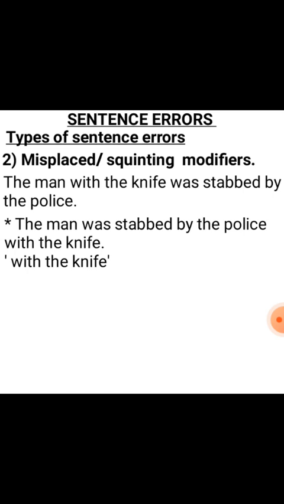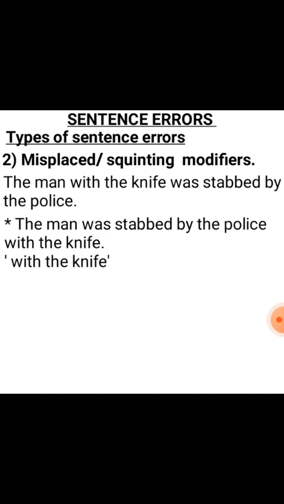So that phrase is the modifier, and it is modifying which word, which person, in this context.